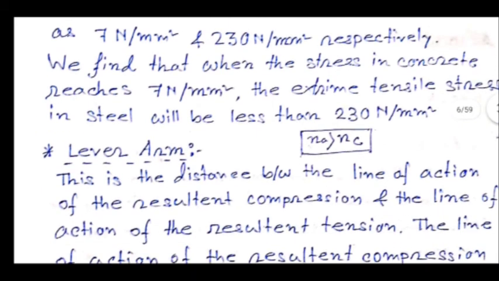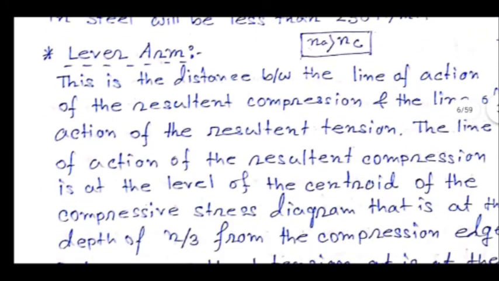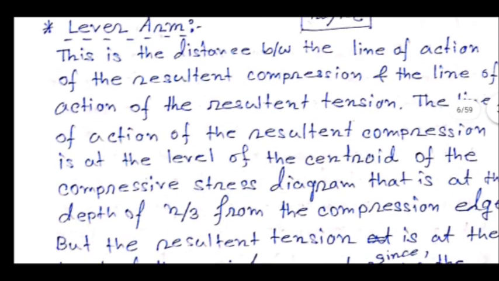Now the next term is lever arm. Lever arm is actually the distance between the line of action of the resultant compression and the line of action of the resultant tension.